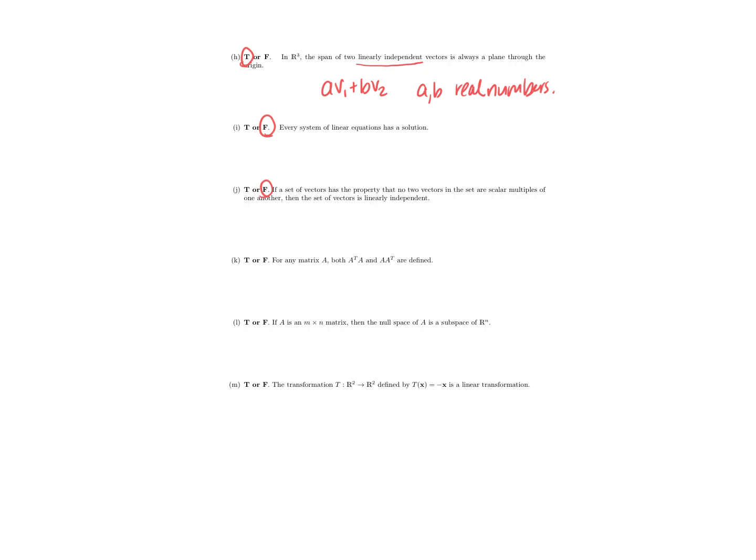For any matrix A, both A transpose A and A A transpose are defined. That's true. If you look at the dimensions, it's going to work out. If A is an m by n matrix, then the null space of A is a subspace. That is true.